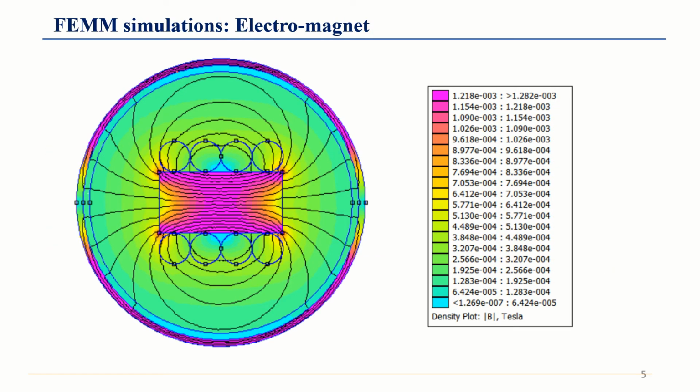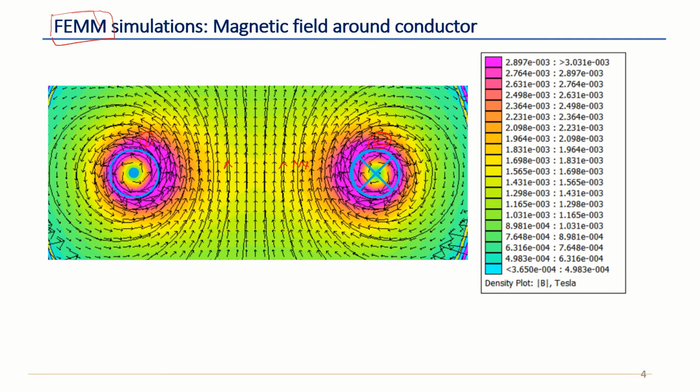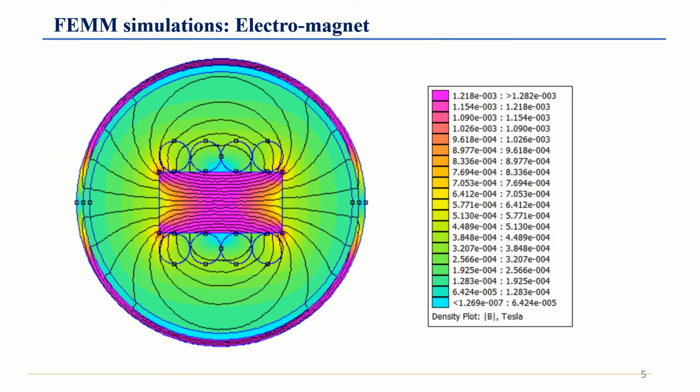Similarly, I have done the solenoid, like an electromagnet, as well. This is only two conductors, where I am showing the field generated by two conductors. Similarly, I have done the same FEM simulation for one electromagnet, where I have taken M19 material, which is a soft magnetic material having good magnetic properties, and over that I have wound 4 turns of coil.